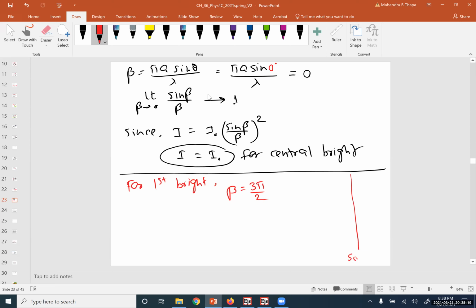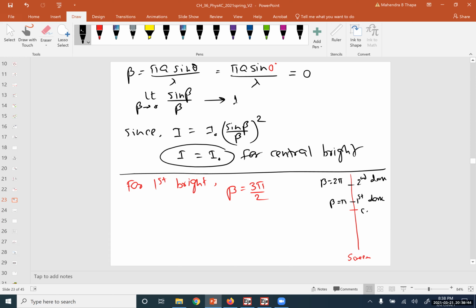Here is your first dark, for which the value of beta is pi. For the second dark, the value of beta is 2 pi.